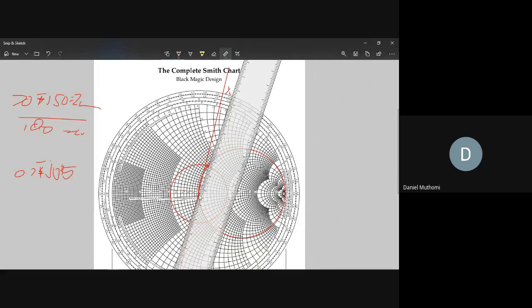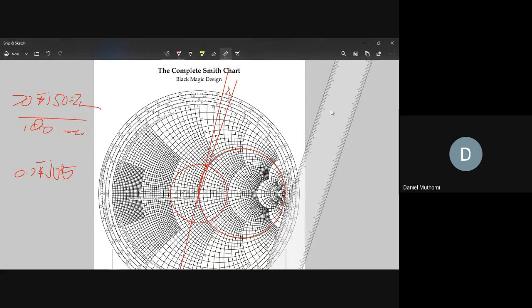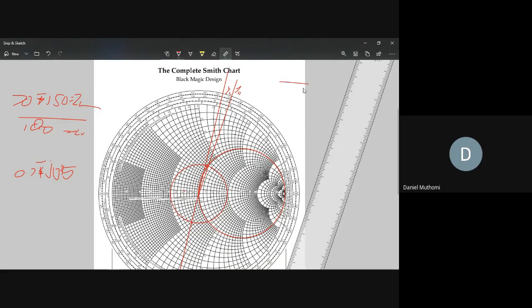This is YL1. If you remember that diagram, this is ZL.